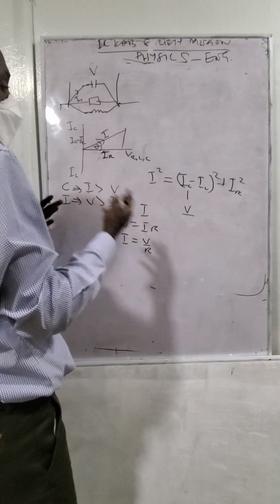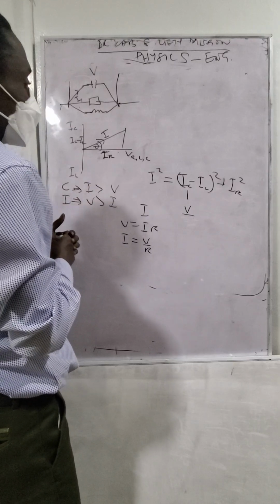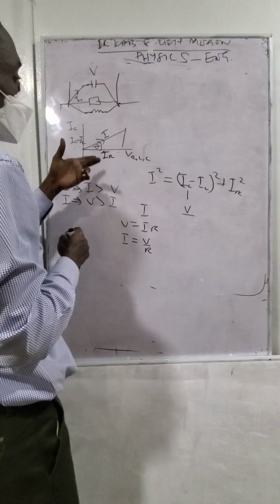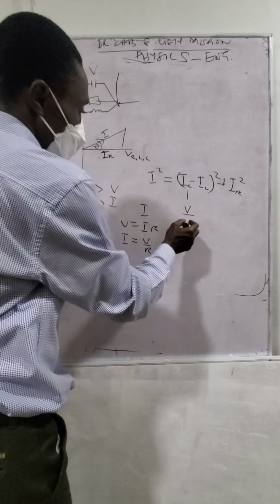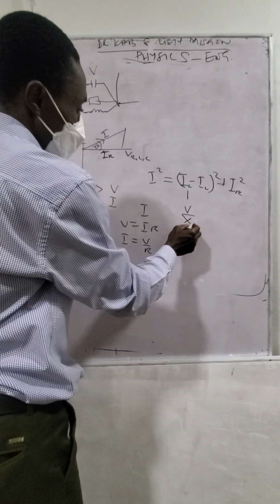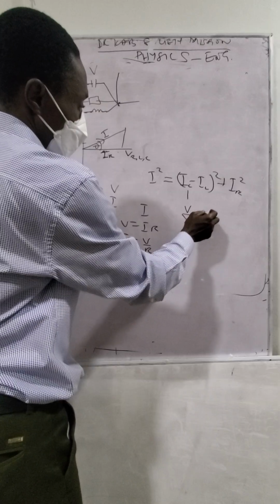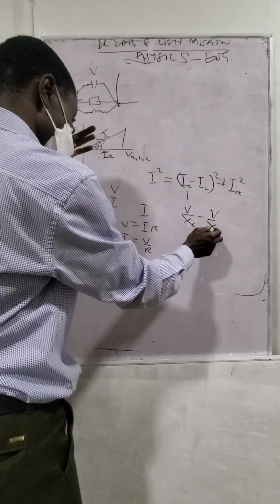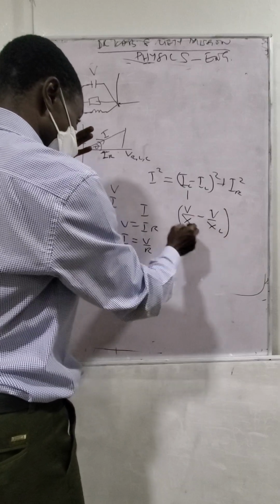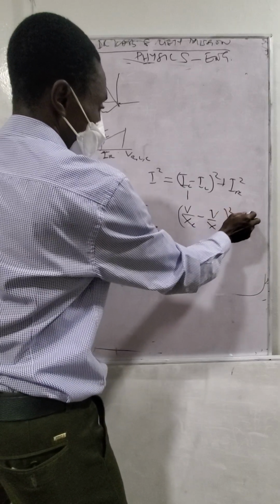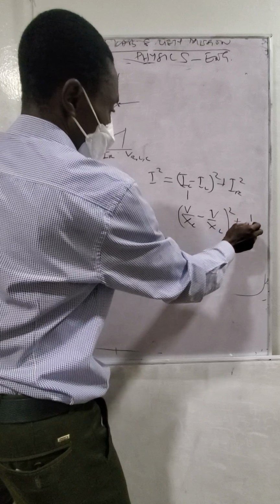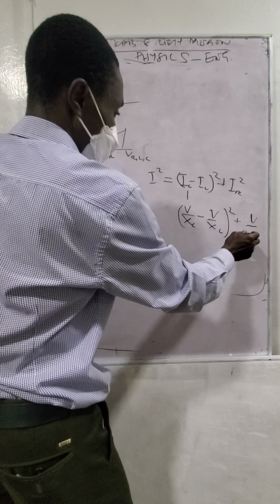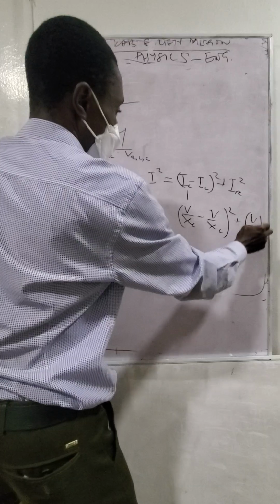So the reactance for C minus the same thing for L, all squared, plus V over R all squared.